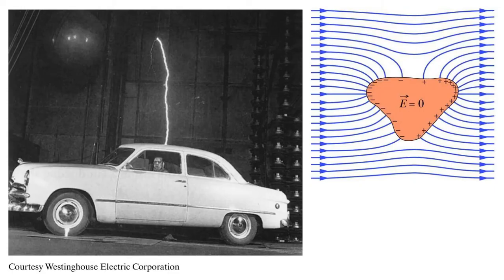Maybe most spectacularly shown here, because the electric field inside the conductor is zero, if you have a metal-bodied car, and be careful because a lot of cars today are not metal-bodied, but if you have a behemoth from the 50s and you let lightning strike it, or in this case a Van de Graaff discharge similar to lightning strike it, the person inside is perfectly fine. You can see the charge goes down here, flows through the conductor, and then exits the tire, but does not have any field inside, so the person is okay.